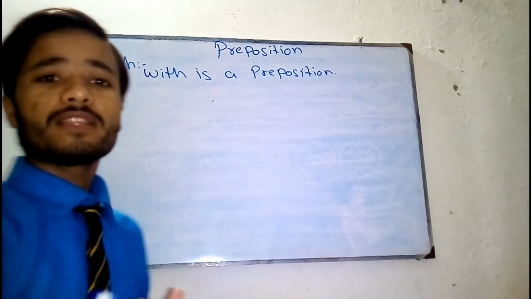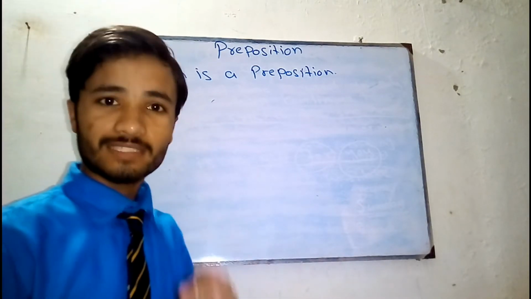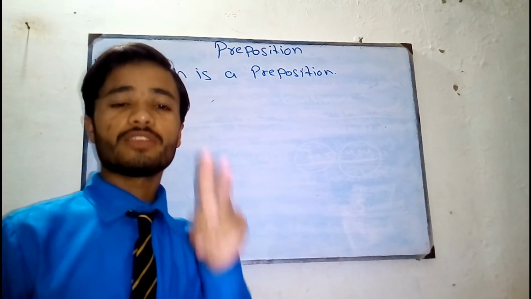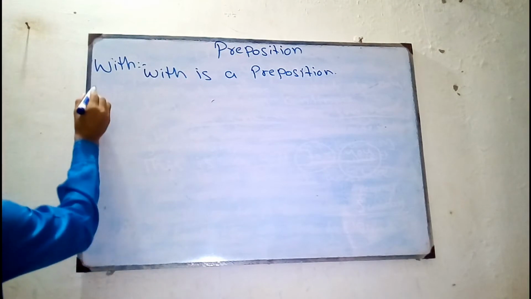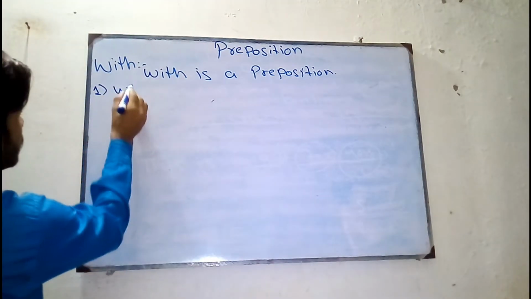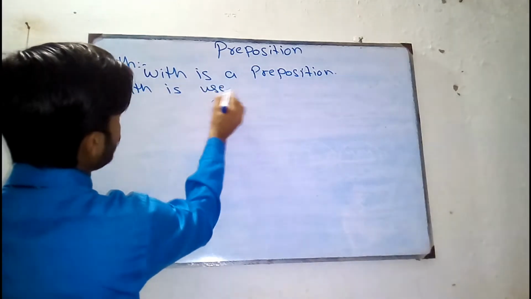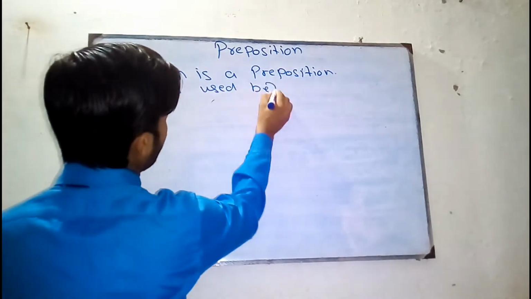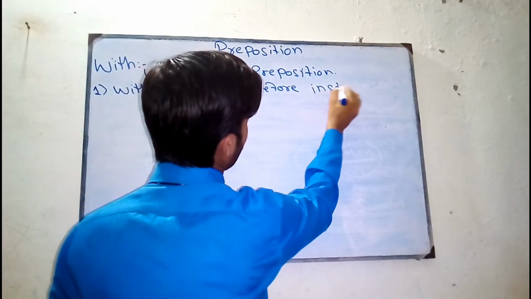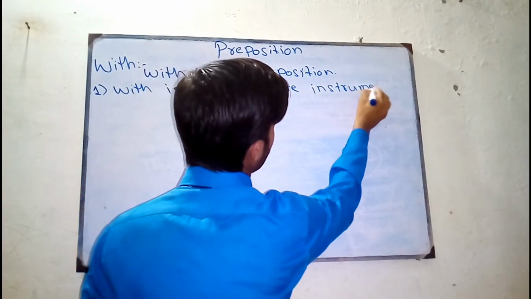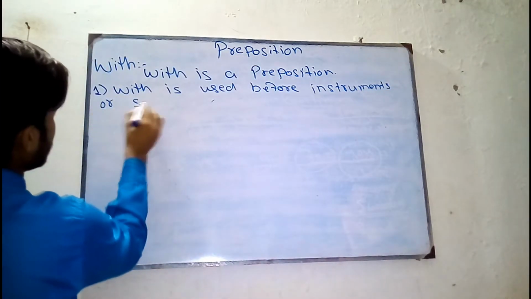With grammar के लिहाज से ये हमारे पास एक preposition है. Is this clear? Now it has two usages. So see the first one. "With" is used before installments or source.